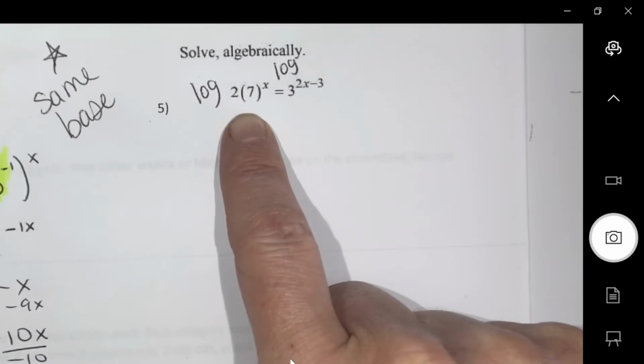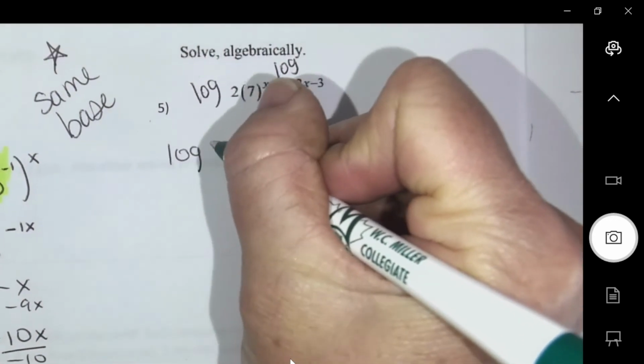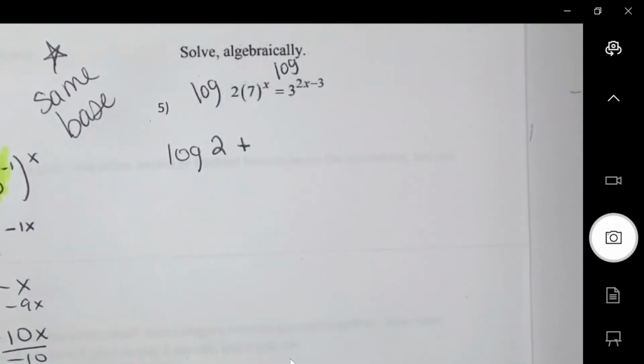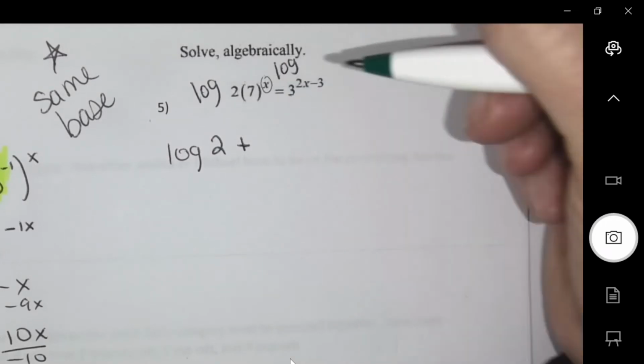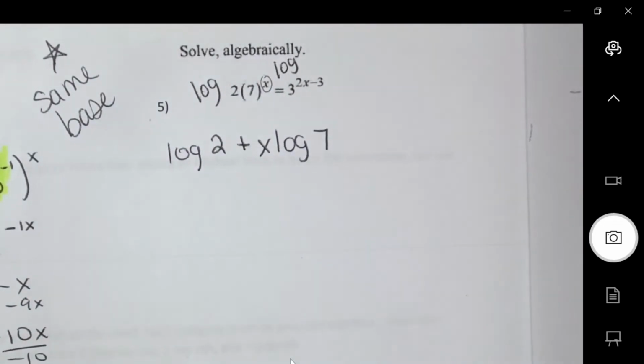So what do I do with the times? How do you split a times? When things are tied with timesing, you add. Log 2, and then the log 7, they're going to be added. What can I also do with the exponent? Move it to the front. Do you see my rules? The times I split with an add, and the exponent I moved in front of the 7 part.